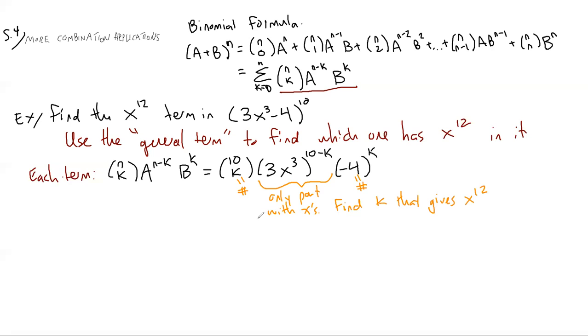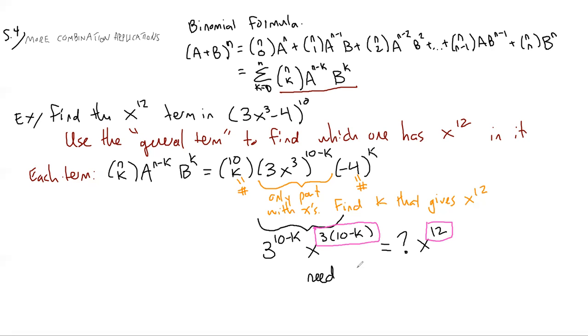If I expand that, what I get is 3 to the 10 minus k, which is just a number, and then x to the 3 times 10 minus k, if I follow my power rules and apply that to the x term. What we want is something times x to the 12. We don't know the coefficient, that's actually the whole point of this. To make that work, we need 3 times 10 minus k to be equal to 12, and we should be able to solve that.